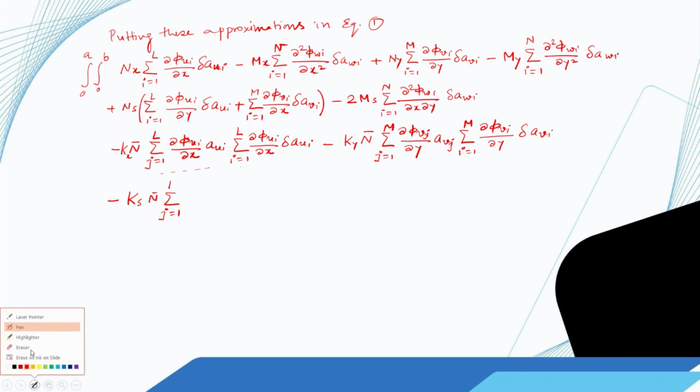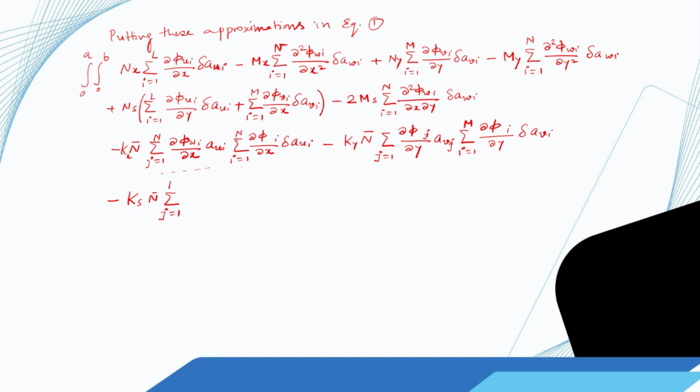Just one correction, these things were variations of del w by del x. So, I should not put u here, rather these are all w's, and everything goes up from 1 to n. So, it is j is equal to 1 to n w j, and this is also w i.